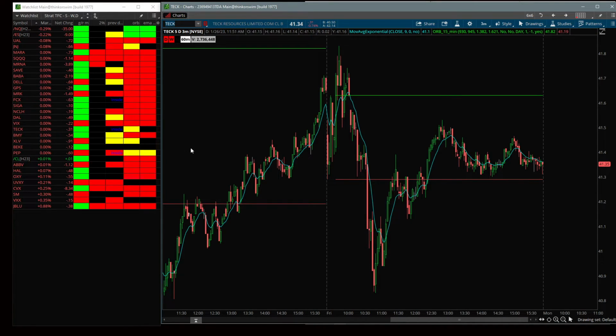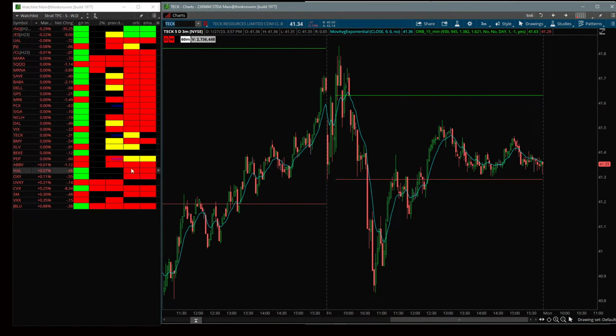Okay, so if you look at Tech, that's one that's up here. Tech Resources. This one is yellow because we're close to the low. Sometimes when the market closes, these get a little thrown off, so that could be why Pepsi was not looking right. It was looking like it was closer to the high than the low, but this one's a little more accurate.